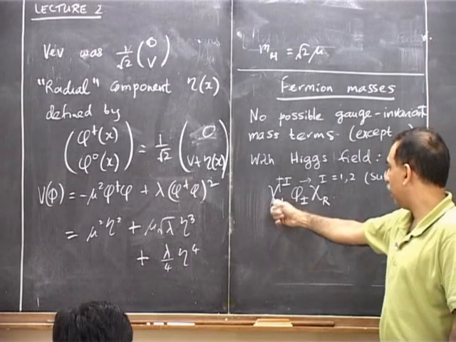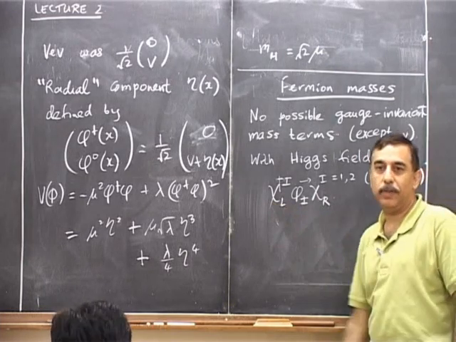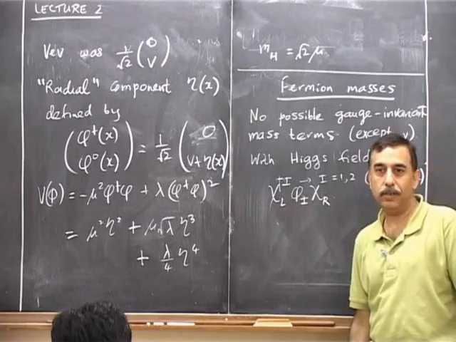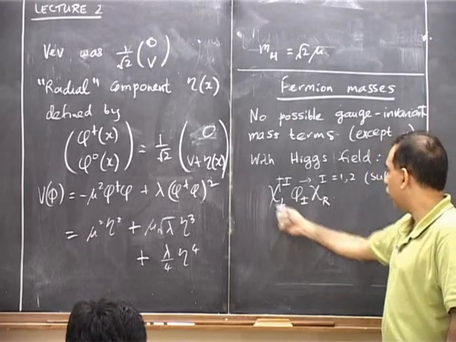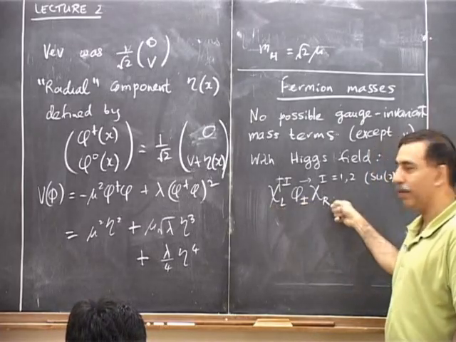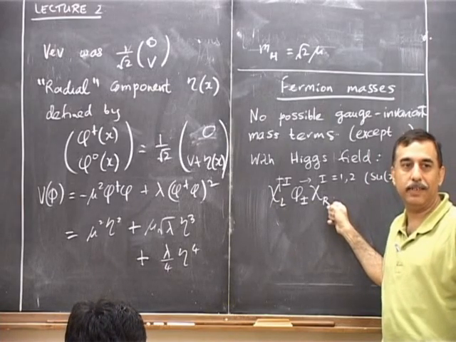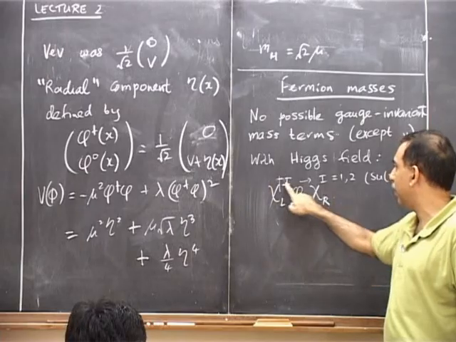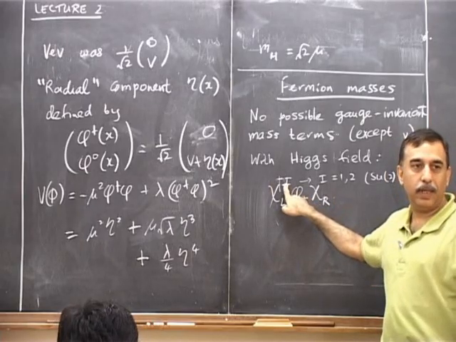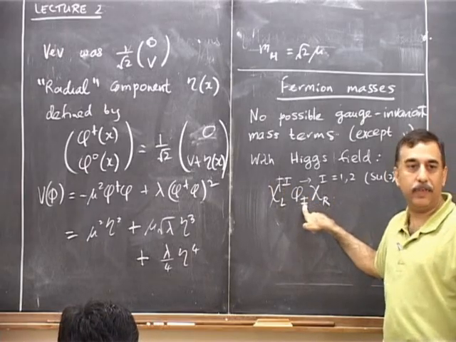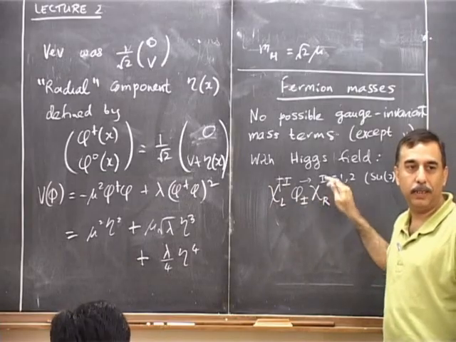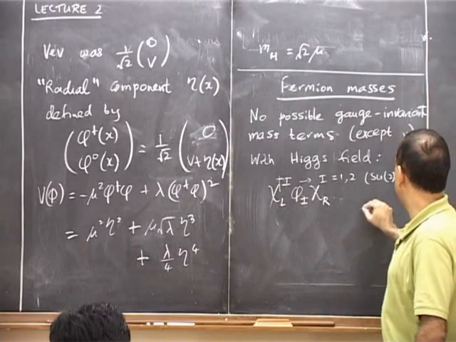With SU2 doublet left-handed fermions and singlet right-handed fermions, what I can do is contract the dagger of a left-handed fermion with the right-handed fermion. That takes care of Lorentz indices, but it doesn't take care of gauge indices, because this is a doublet and this is a singlet, so there's an I free. Next I contract that I with the Higgs field and I get a 3-point coupling, Higgs fermion fermion, called the Yukawa coupling.